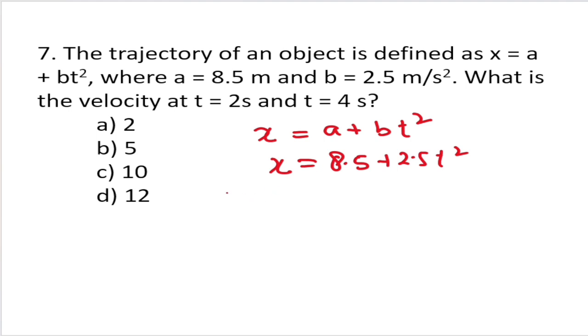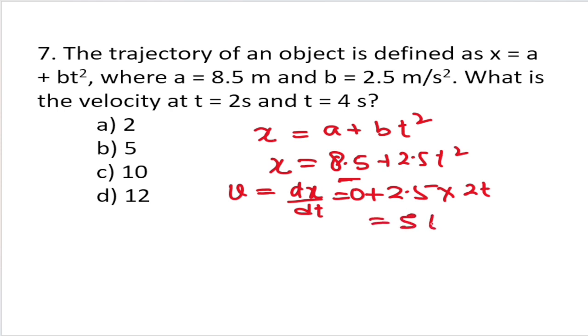So to get the average velocity, first of all we find the instantaneous velocity by differentiating, dx upon dt. Differentiation of 8.5 is 0, plus 2.5 into 2t, and we get the value 5t. Now at t equal to 2 second, v1 equals 5 into 2, that is 10 meter per second.